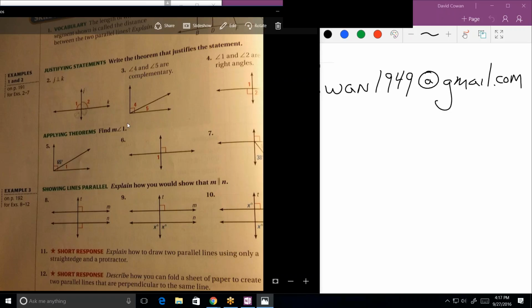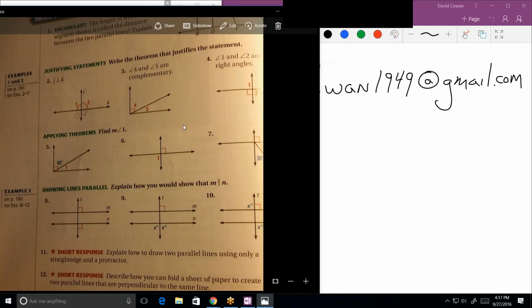And because it's the definition of complementary. That's all you need to say. If you have two angles that add to 90 degrees, which 4 and 5 do, then they are complementary. And that's all you need to say.